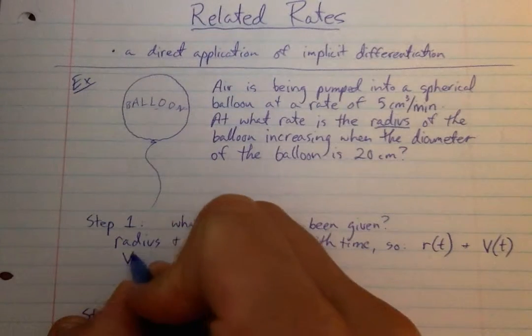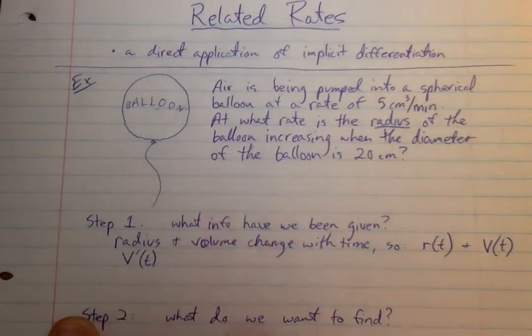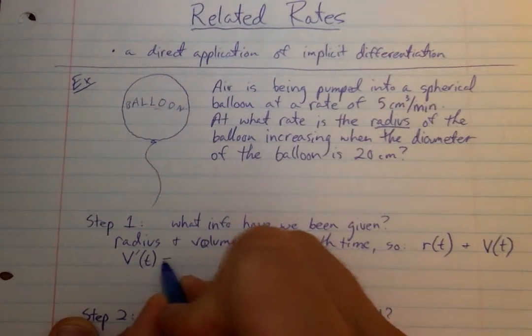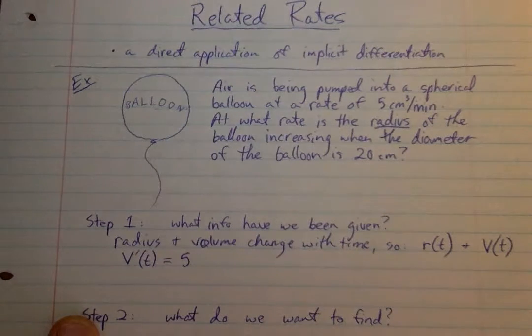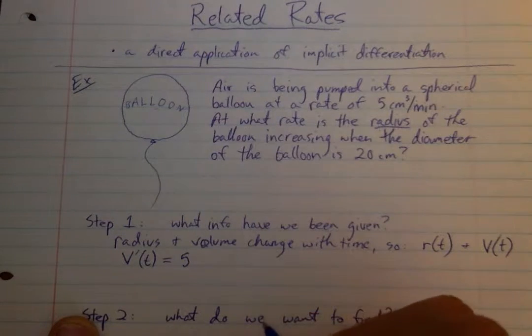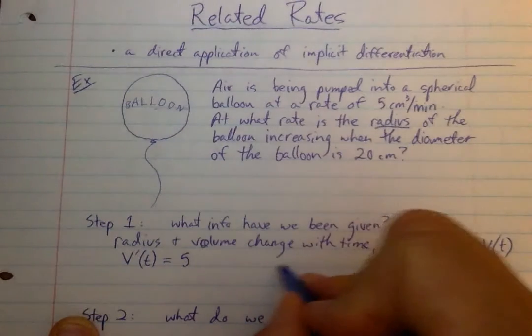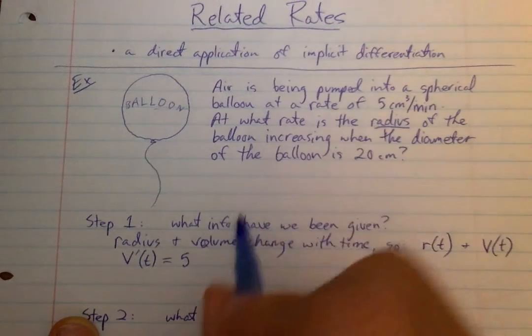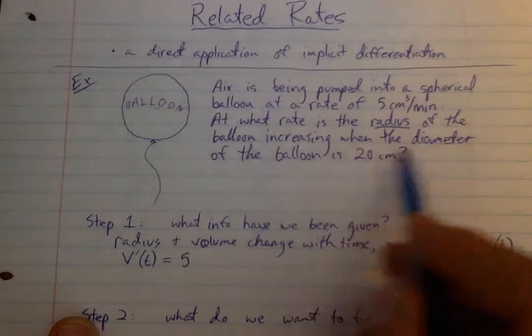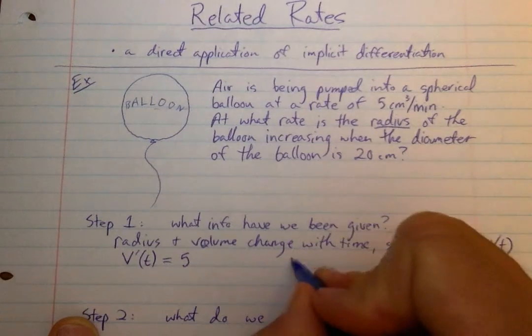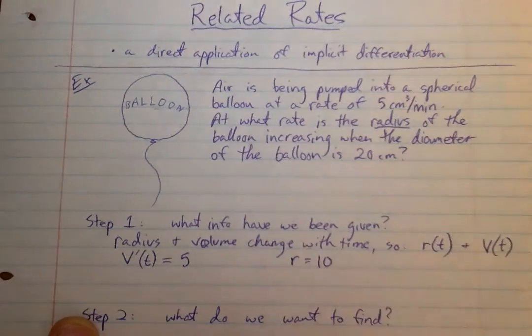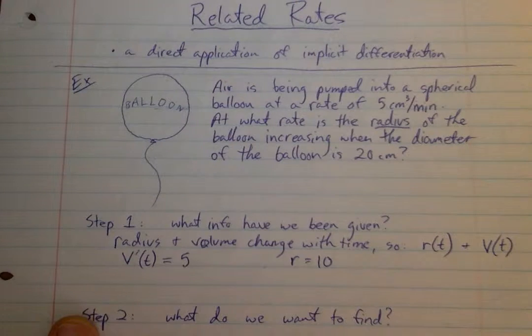So we know that v prime of t, the change of volume with time, is equal to 5, right? Another thing we know is that we are looking for the answer at a time when r, well, let's see what they give us. They tell us the diameter of the balloon is 20 centimeters, so that means the radius, r, is going to be 10. Okay, so that's kind of what we know.